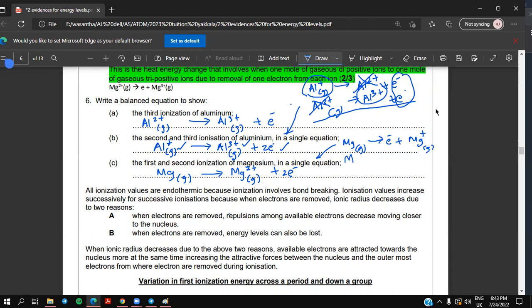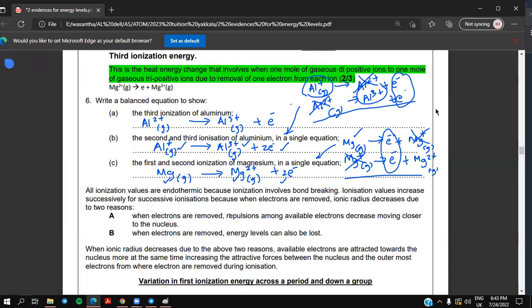And in the second ionization, magnesium plus gas gives away an electron and changes to magnesium 2 plus gas. When you add them together, magnesium plus gas will cancel out, and we have magnesium gas here, 2 electrons here, and magnesium 2 plus gas here.